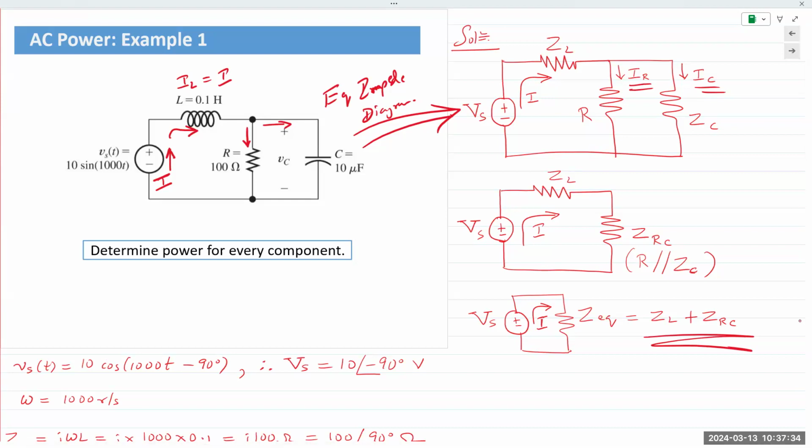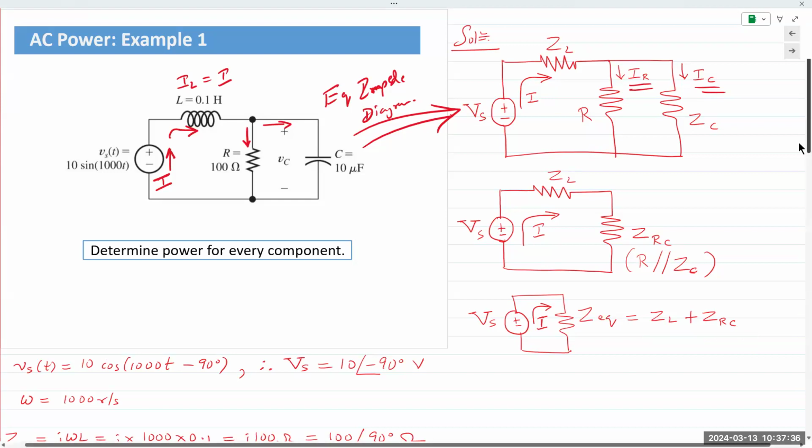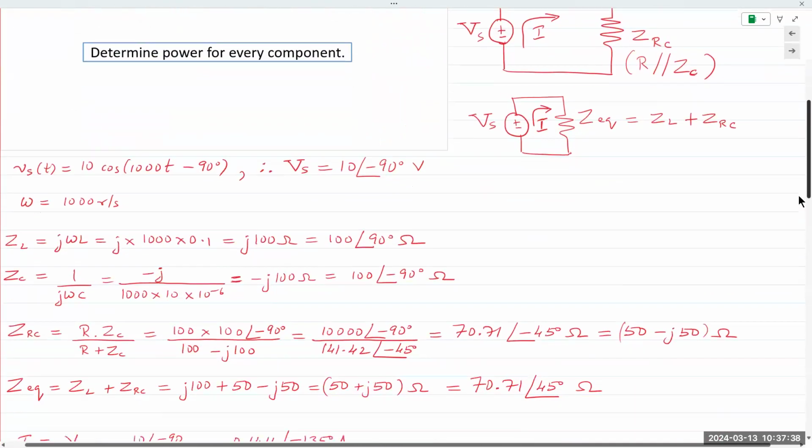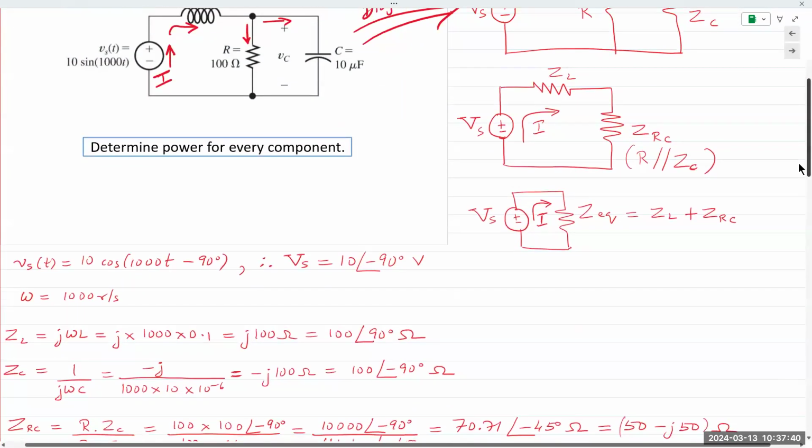So that is still in terms of the variables. Now let's find the values. Let's take a look at the source voltage first. Whether it's a voltage or current does not matter. Your analysis technique depends on chapters 1 and 2. This is given to us in the sine format.